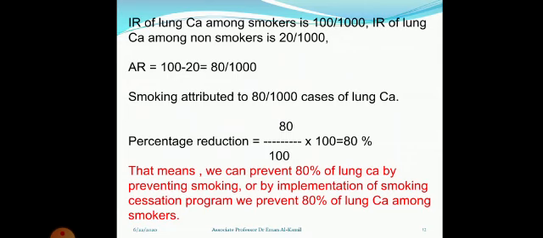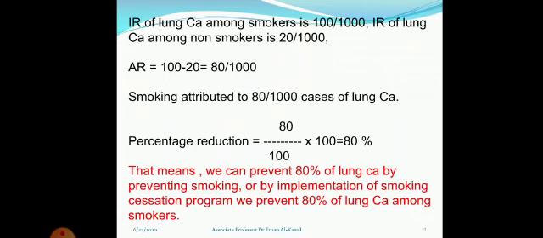So if lung cancer among smokers, as we mentioned, is 100 per thousand, and among the non-smokers 20 per thousand, the attributable risk equals 100 minus 20, equal to 80 per thousand.